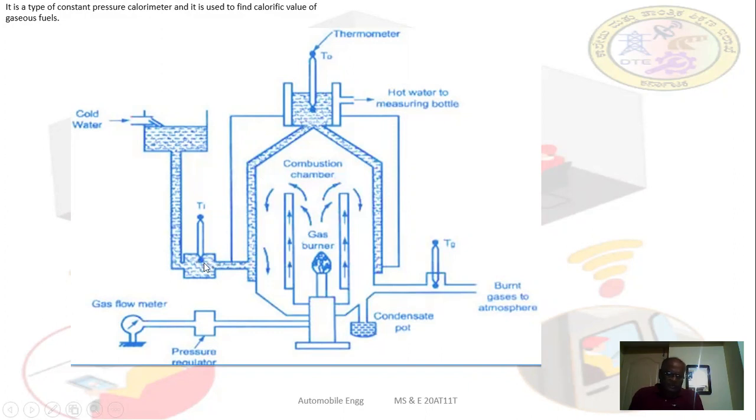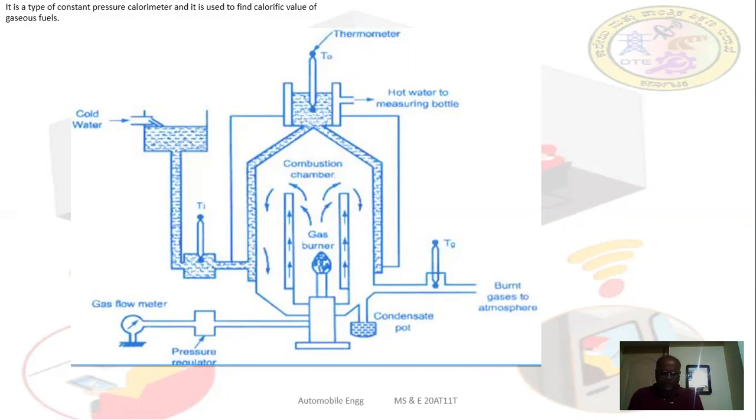The first one is to measure the inlet temperature of the water. This thermometer is used to measure the outlet temperature of the water, and this thermometer is used to measure the temperature of the exhaust gas of the burnt gases. Then, see here, the regulator is provided.